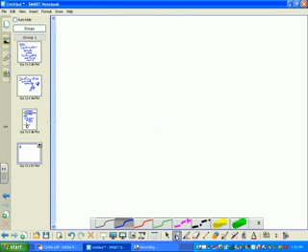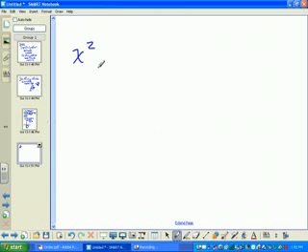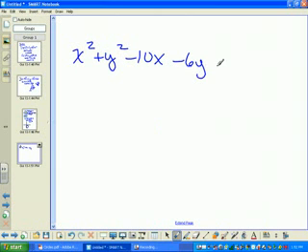All right, let's say you've got x squared plus y squared minus 10x minus 6y equals 30. Help me out. What should we do?